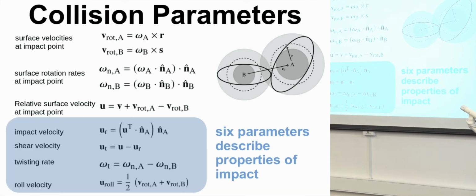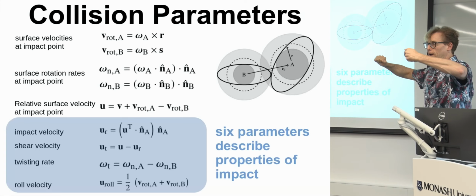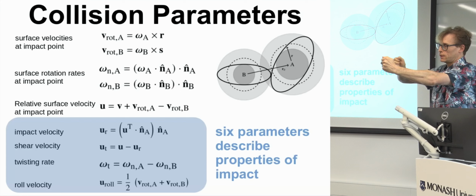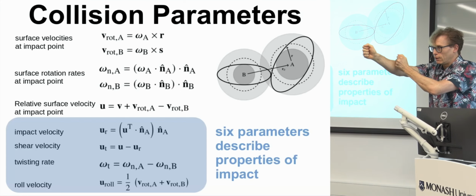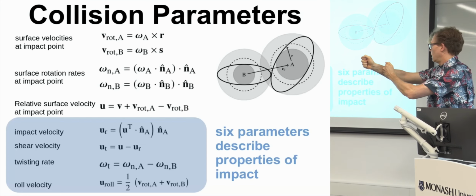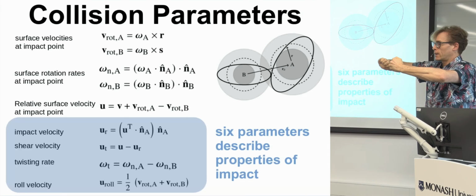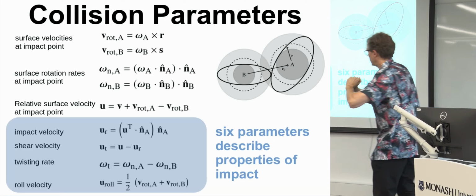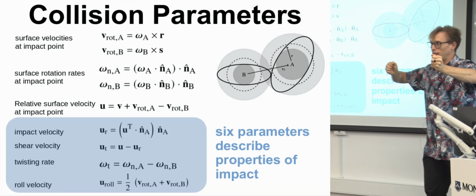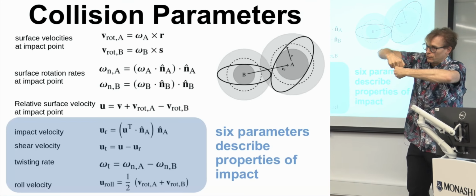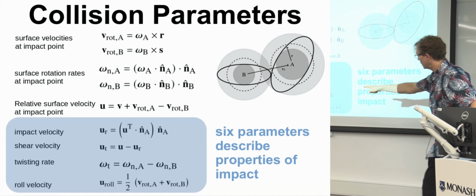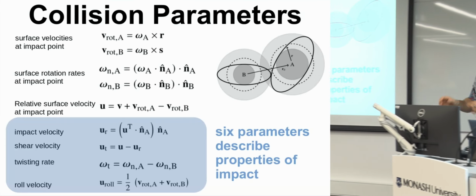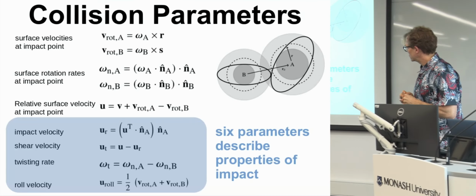One is basically the impact velocity, so how they come together. The next one is shear velocity, so they can have a shearing motion as well. Then, when they come together, they can also rotate, so there will be a twisting motion. And finally, they can also have a rolling motion, where they roll past each other a little bit. So this is the last component that comes in. There are 6 different parameters that you actually need to describe this collision.